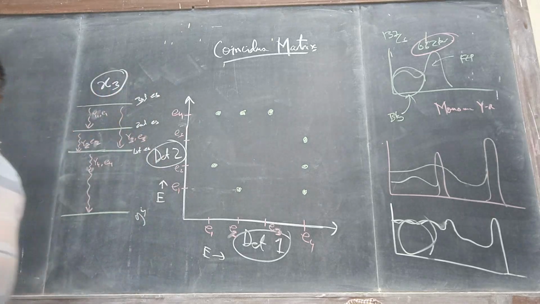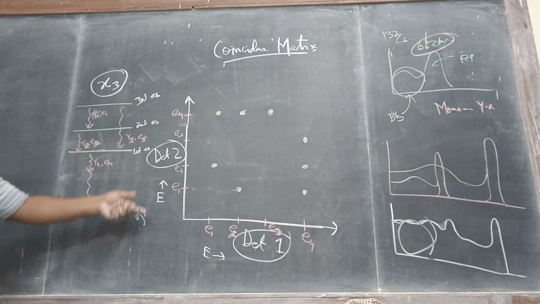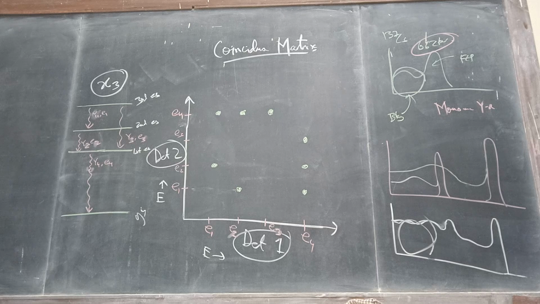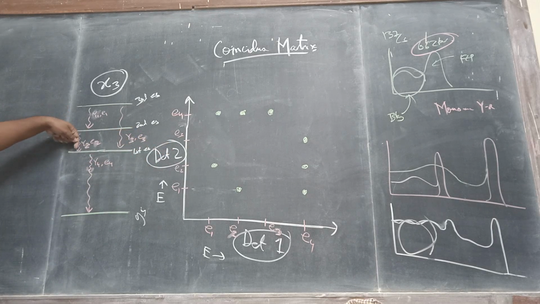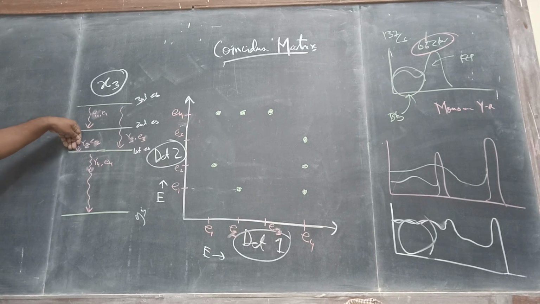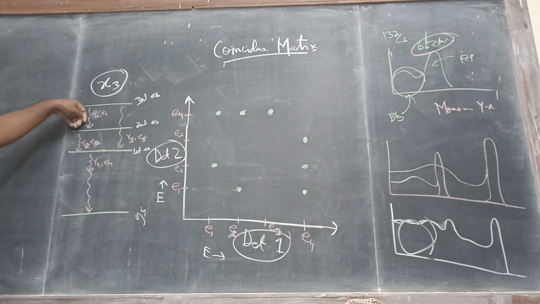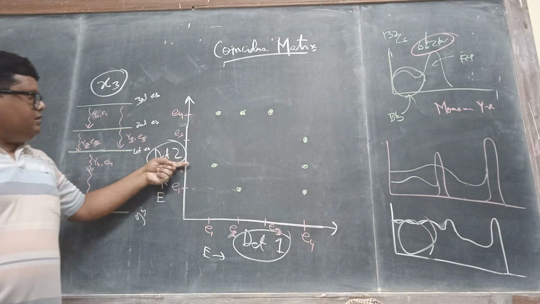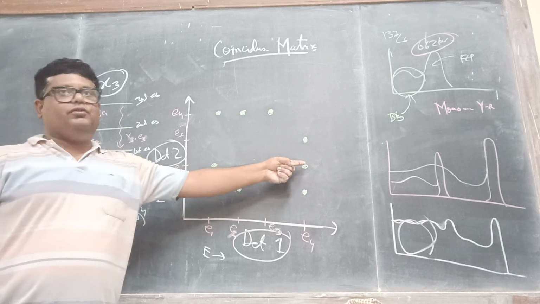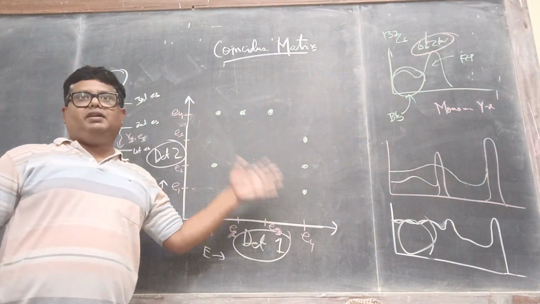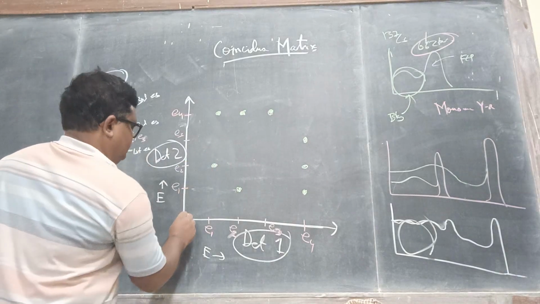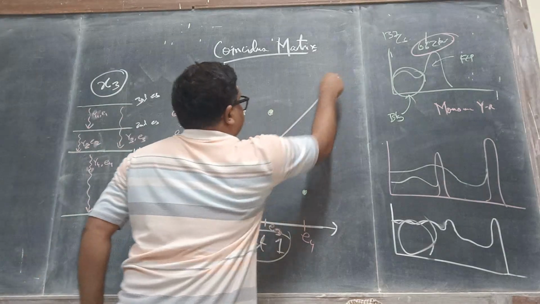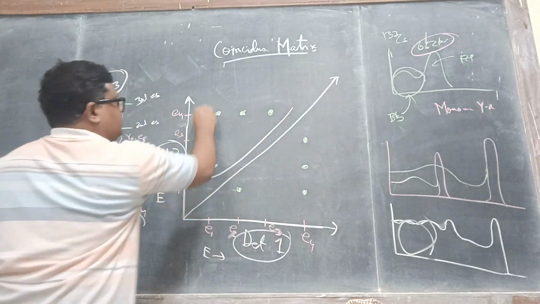Now try to see this from the detector 2 axis. Suppose I detect gamma 2 in detector 2. Which one will be coincident? Gamma 1 and gamma 4. See, gamma 1 and gamma 4. So this matrix is symmetric. See the structure.